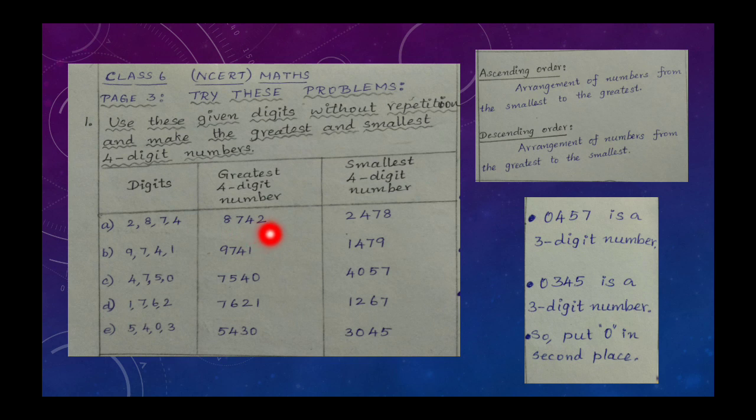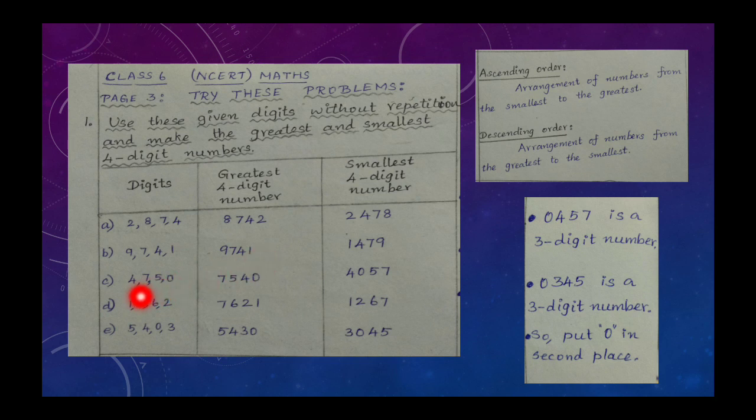Okay, the same condition will be applied in all other problems also to make greatest 4-digit number. Okay, let us see 9, 7, 4, 1. They are already in descending order. 9, next largest 7, next 4, next 1. So 9741.